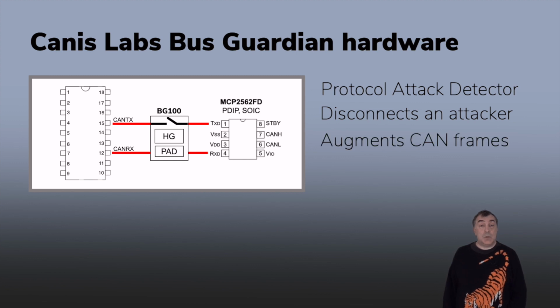The Bus Guardian tags all outgoing CAN frames with a CAN HG header that includes the hardware source address of the frame. An intrusion detection and prevention system, IDPS, can use this information to detect a frame attack trying to send a spoof. The Bus Guardian also accepts incoming commands from the IDPS to disconnect or reconnect the host.